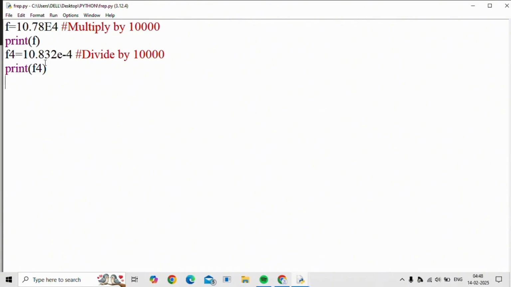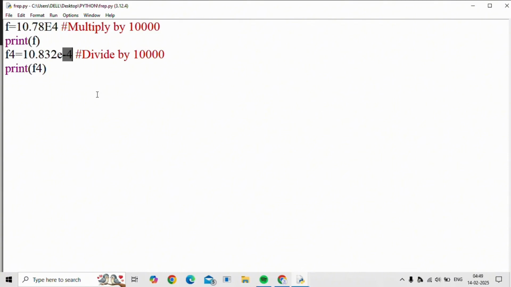In the second example, we are performing the division operation. If the exponent contains the positive value, then the multiplication operation will be performed. If the exponent contains the negative value, then the division operation will be performed. So the number 10.832 will be divided by the value 10,000 because we are using the negative exponent value.